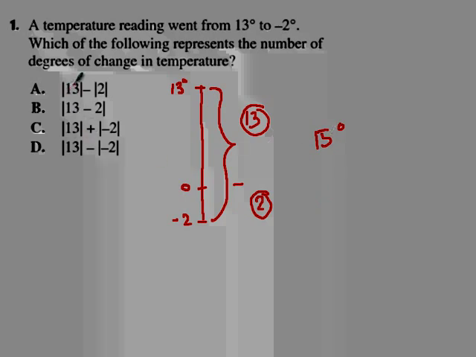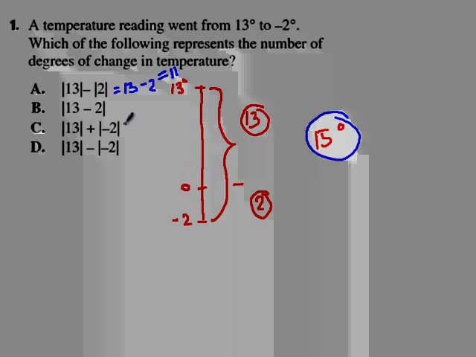Now, here are the options. If we select absolute value of 13 minus absolute value of 2, this would become 13 minus 2, which is 11, which is different from what is supposed to be our answer. If we pick option B, we know that the answer here is also positive 11.